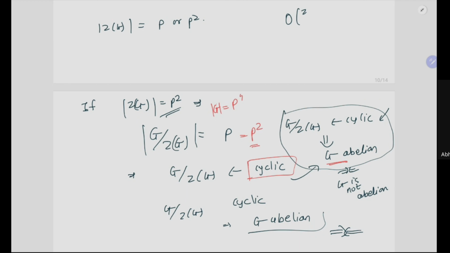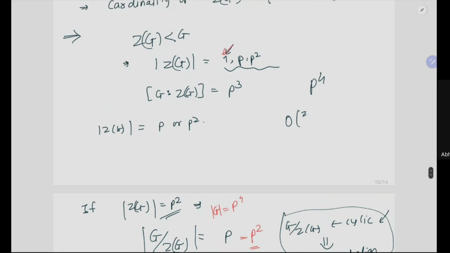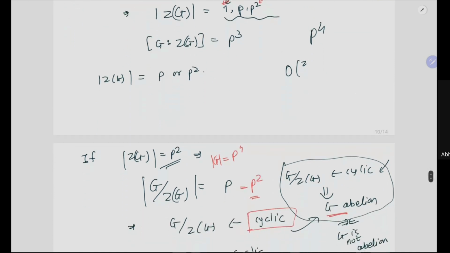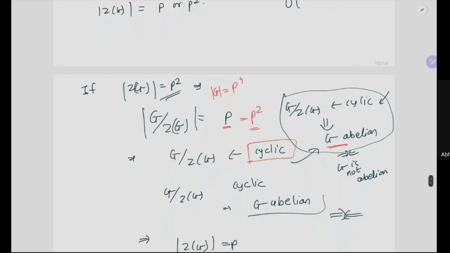Are you understanding? There were three possibilities, right? We discarded one. Then p cube is not possible, which we know. And then we discarded p square using the fact that the order of G by ZG is p, which gives G by ZG cyclic, and that gives us G abelian. But it was given that G is not abelian.